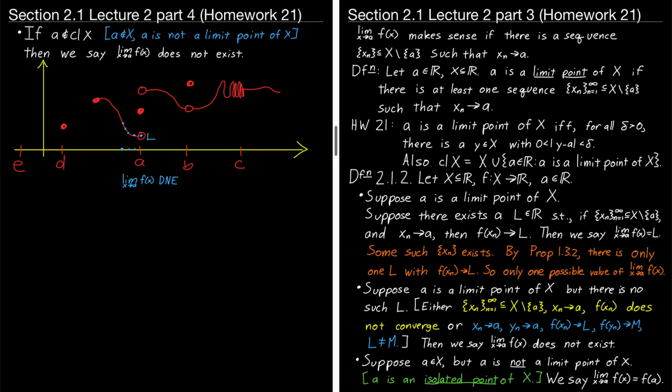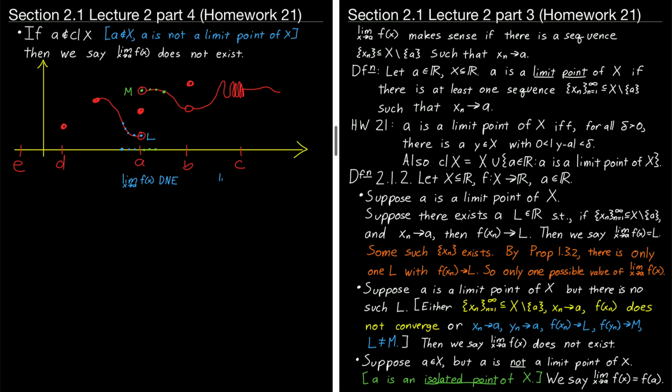You've got another sequence of points up here that's converging to A, where f of xn is converging to M, and then L and M are different.